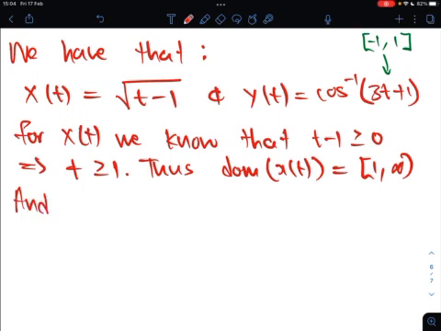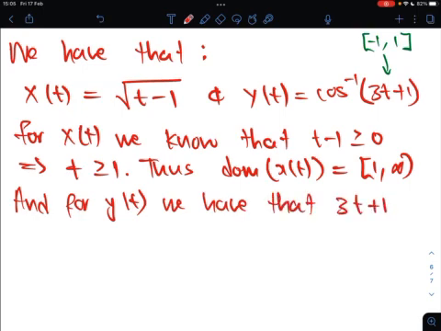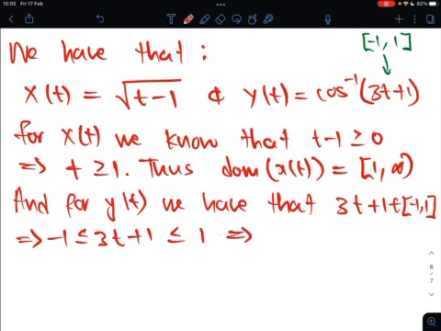So for y of t, we have that 3t plus 1 must be an element of negative 1 to 1. So this implies that 3t plus 1 must be greater than or equal to negative 1 and less than or equal to 1, which implies that 3t must be greater than or equal to negative 2, but less than or equal to 0.